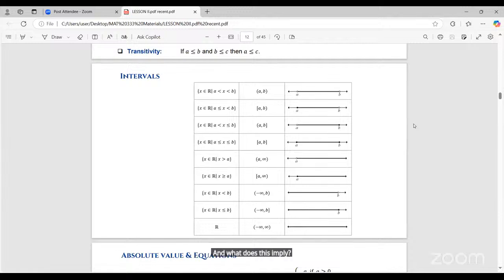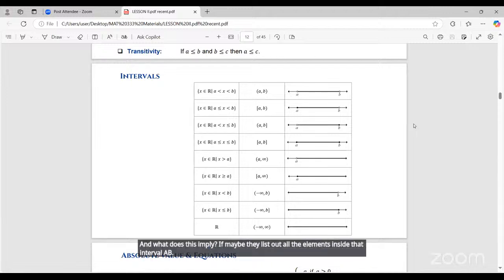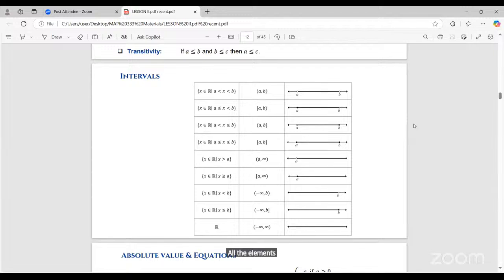If we list out all the elements inside that interval AB, let's say the elements lie between 1 and 10 inside the interval AB.